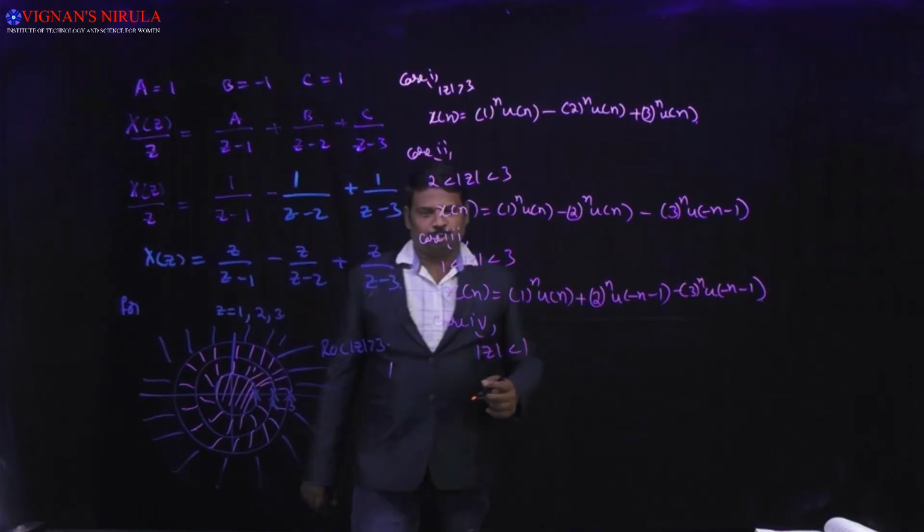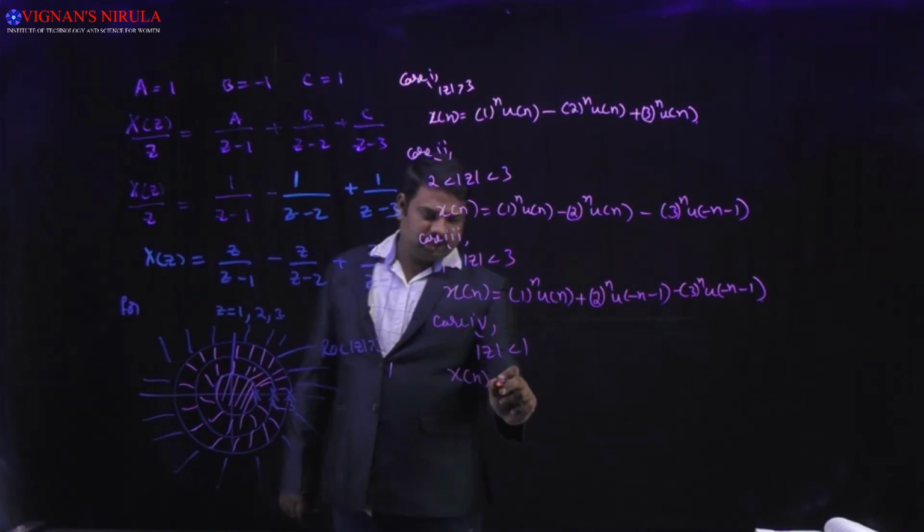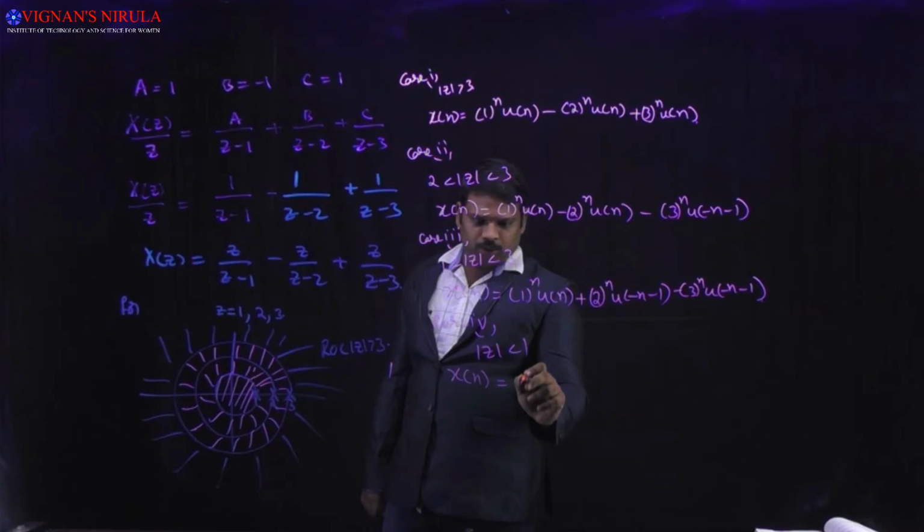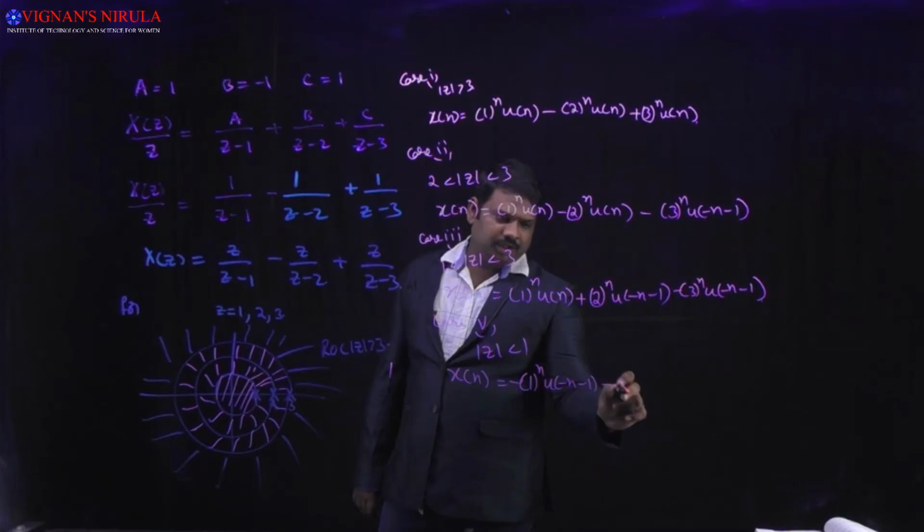That's why everything will be written in terms of a non-causal sequence. That's why x of n is equal to minus 1 power n u of minus n minus 1, plus 2 power n u of minus n minus 1, minus 3 power n u of minus n minus 1.